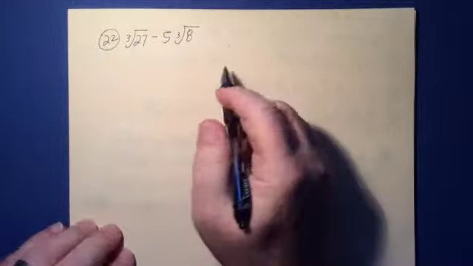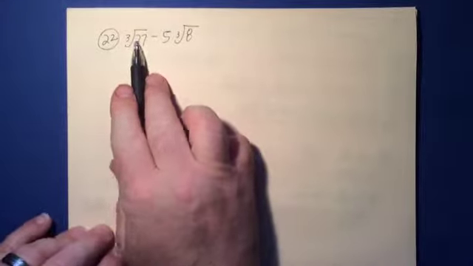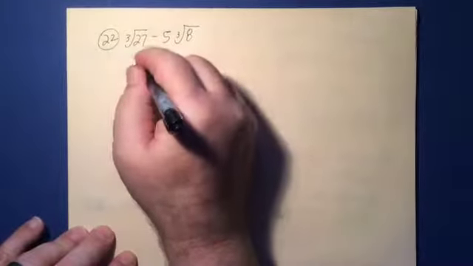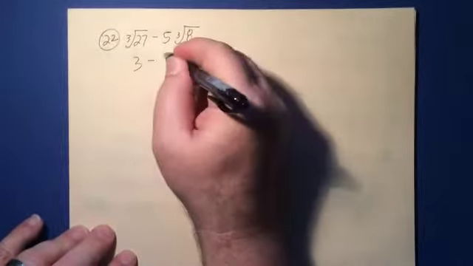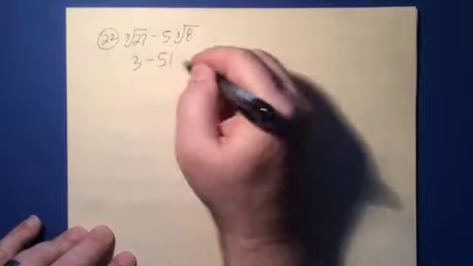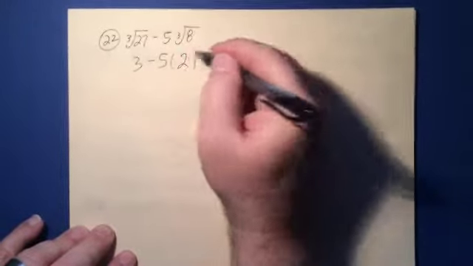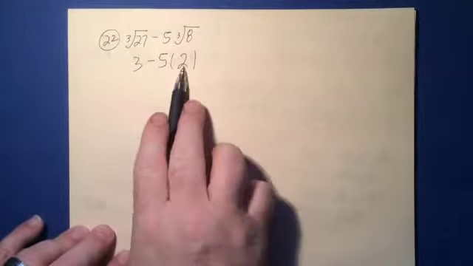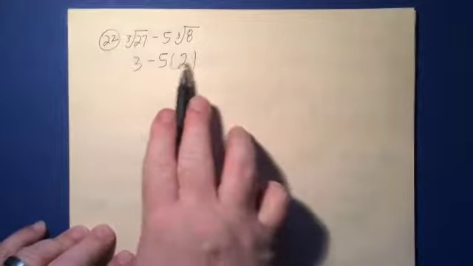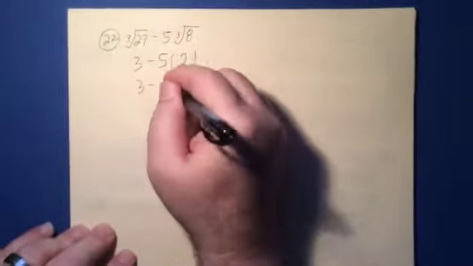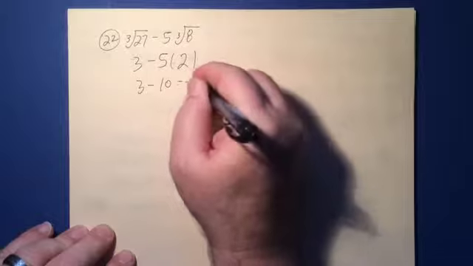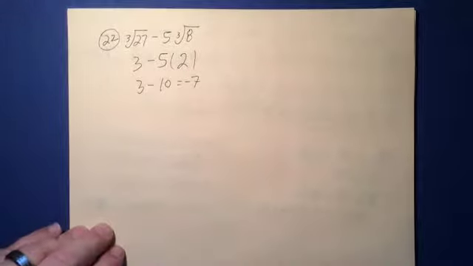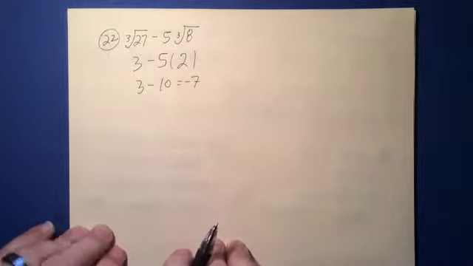So if you happen to look at these, hopefully you already know that the third root of 27 is equal to 3. Hopefully you already know that the third root of 8 is equal to 2. But remember, you're going to have to multiply 5 times this. So it's going to be 3 minus 5 times 2, or 3 minus 10, or negative 7. So that's our answer for 22.